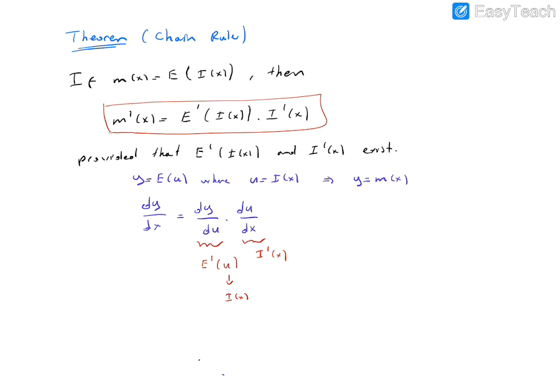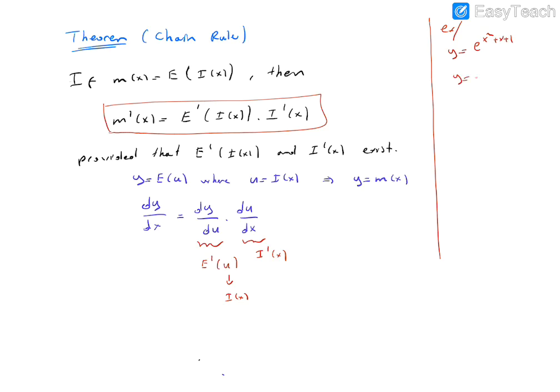You can apply the chain rule to any function. For example, I will not solve this question in the problem solving hour, but we can solve e to the power x squared plus x plus 1. If you want to calculate this derivative, you can calculate it easily.